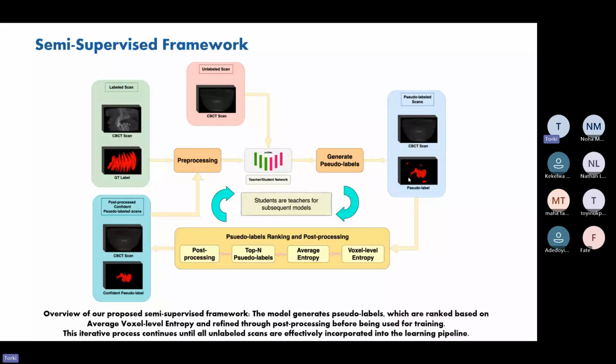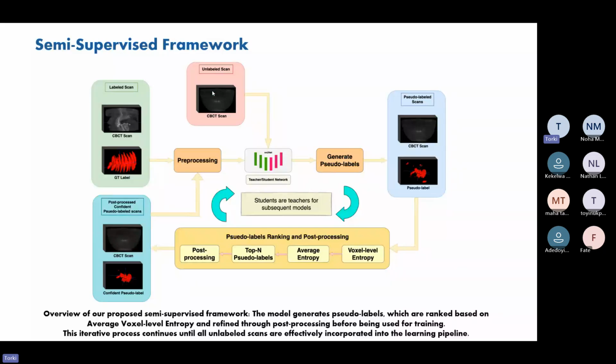So what we do is filter out these bad predictions using voxel-level entropy. The entropy measures something called homogeneity, and we do this in a post-processing module. Still, there are some mistakes and the annotations are not very good.